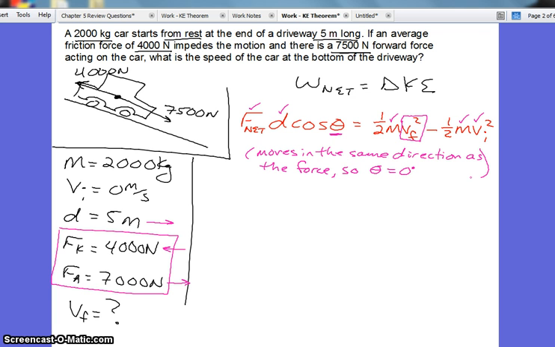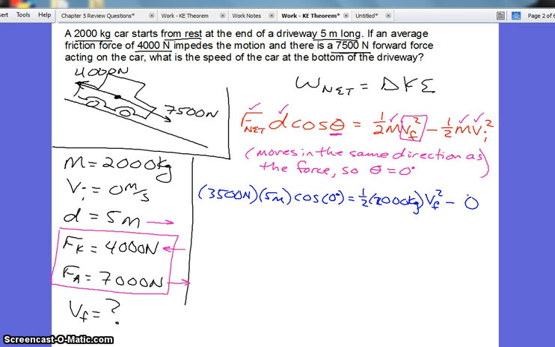When we put in our values, we have the net force, which is 3,500 newtons, our distance, which is 5 meters, and our angle, which is 0 degrees. Then we have 1/2 the mass, which is 2,000 kilograms, times our final speed squared, which is what we're looking for, minus, now I'm running out of room, 1/2 times 2,000 times 0 squared, which is 0.